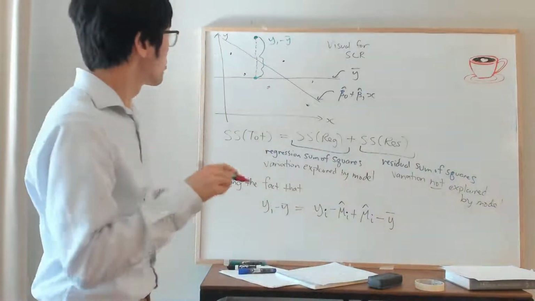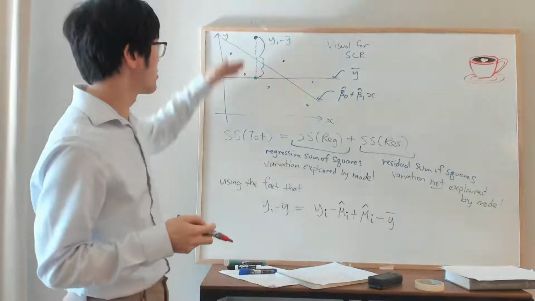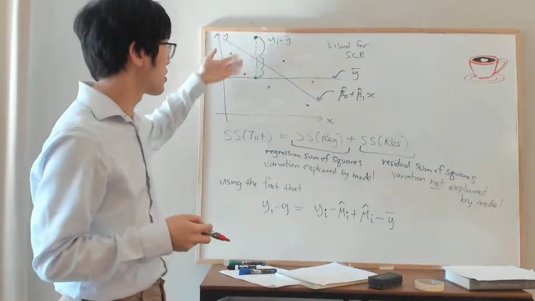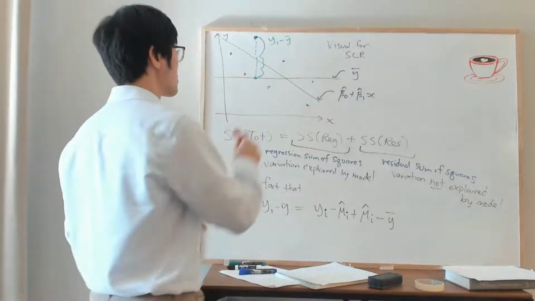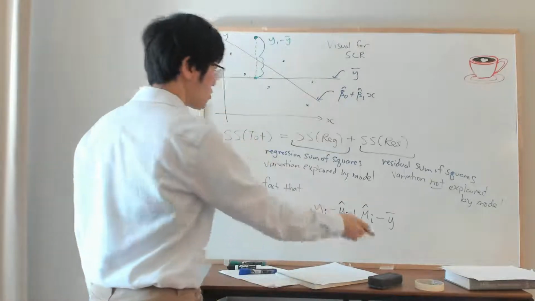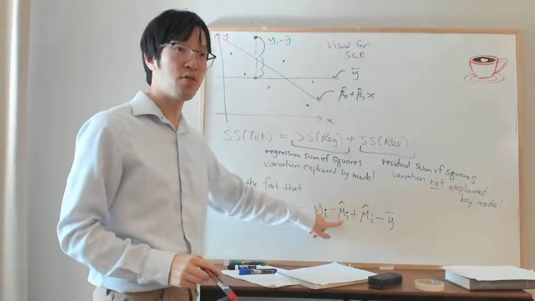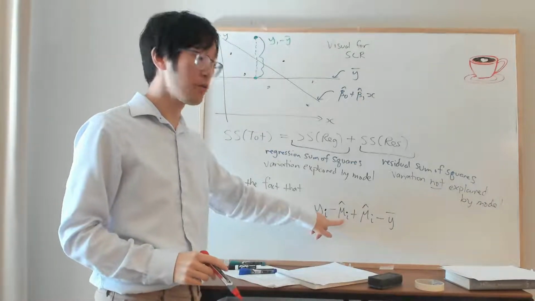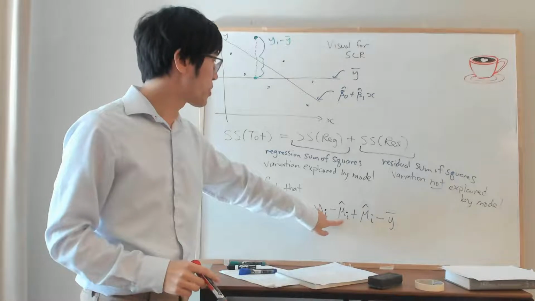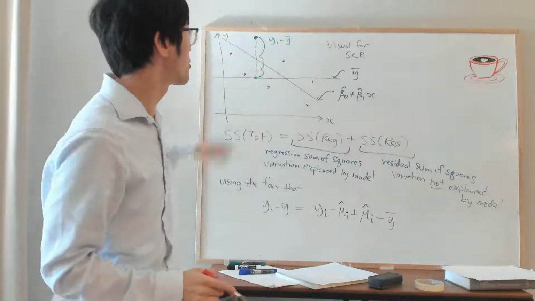And what we see is that the regression line explains part of this difference. Let's see how this decomposition looks on this graph. Consider the difference between yi and its fitted value. Recall the fitted value is right here on the regression line.